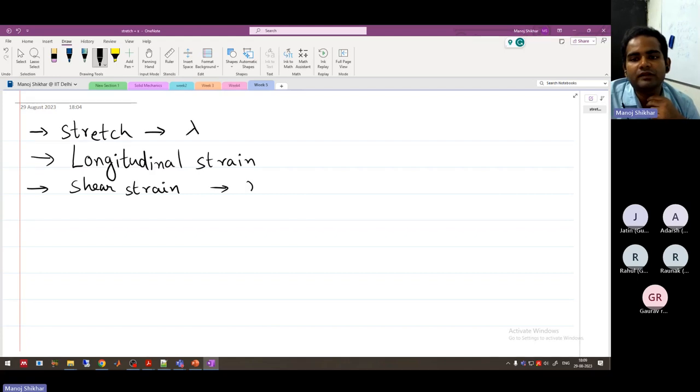Shear strain is generally denoted by gamma, and longitudinal strains are denoted by epsilon_ii, where i can be 1, 2, 3.